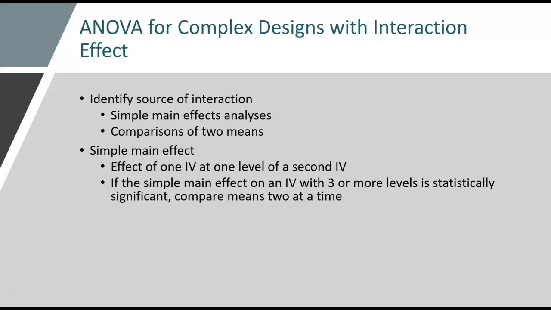So let's go back to the age groupings, age in 3 groups, and your second independent variable is sex. If I have a significant interaction effect on my test result, then I don't want to collapse across the groups, because that would be misleading in terms of interpreting the means.